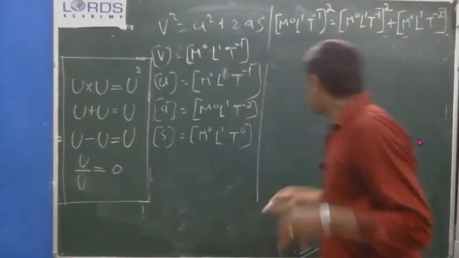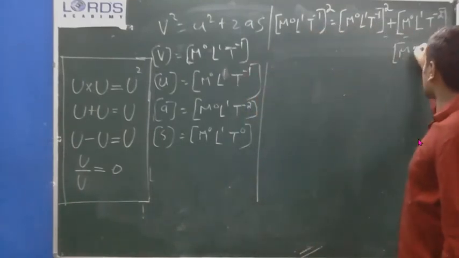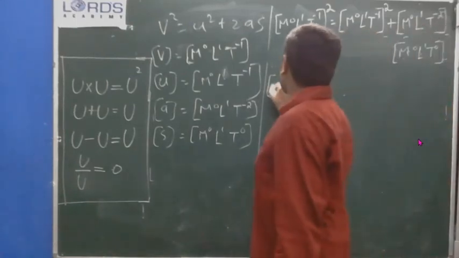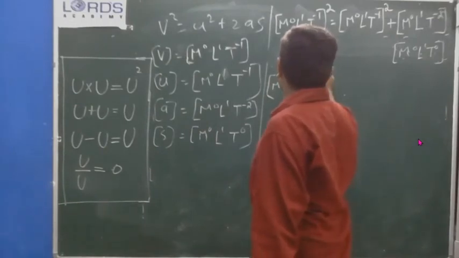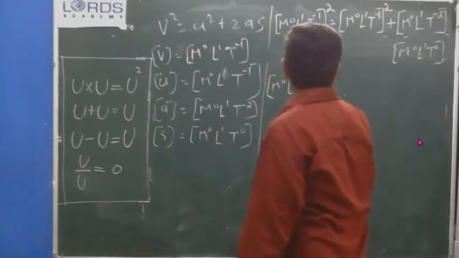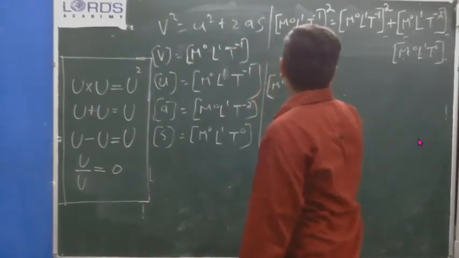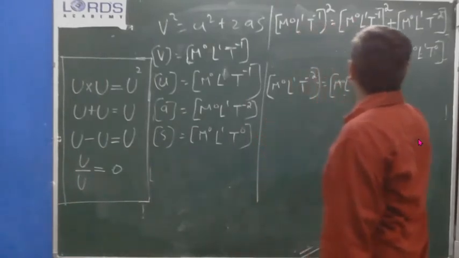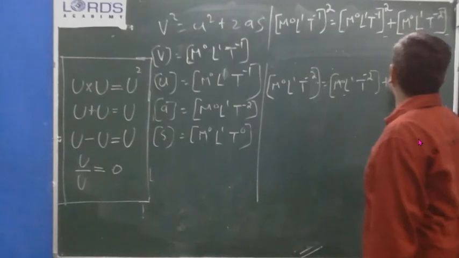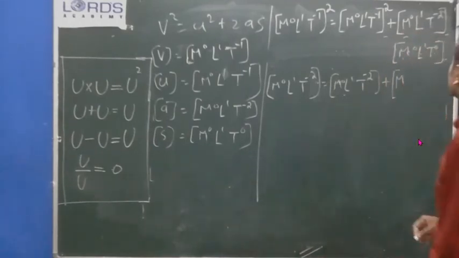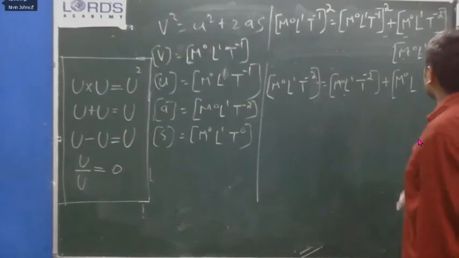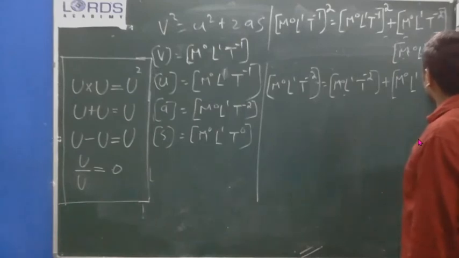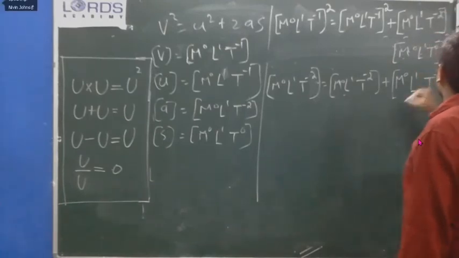S means M raised to 0, L raised to 1, T raised to 0. Okay, we can add. So M raised to 0, L raised to 1, T raised to minus 2 here equals M raised to 0, L raised to 1, T raised to minus 2, plus M raised to 0, L raised to 2, T raised to minus 2.